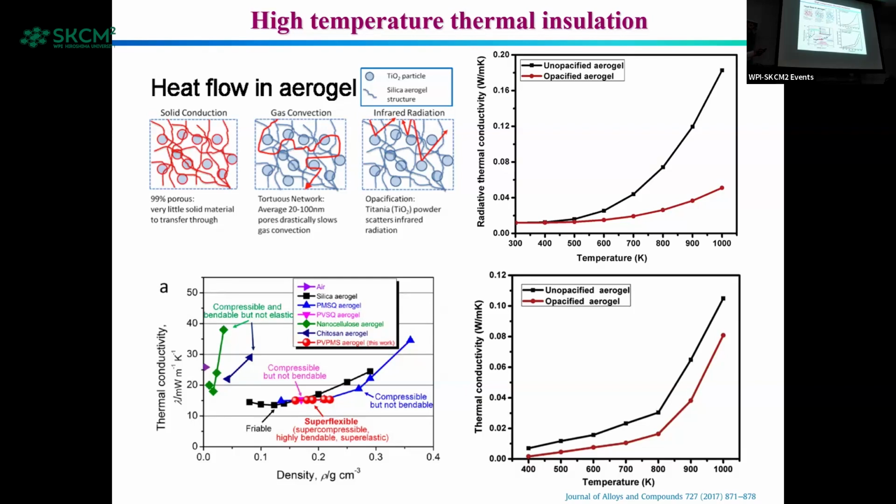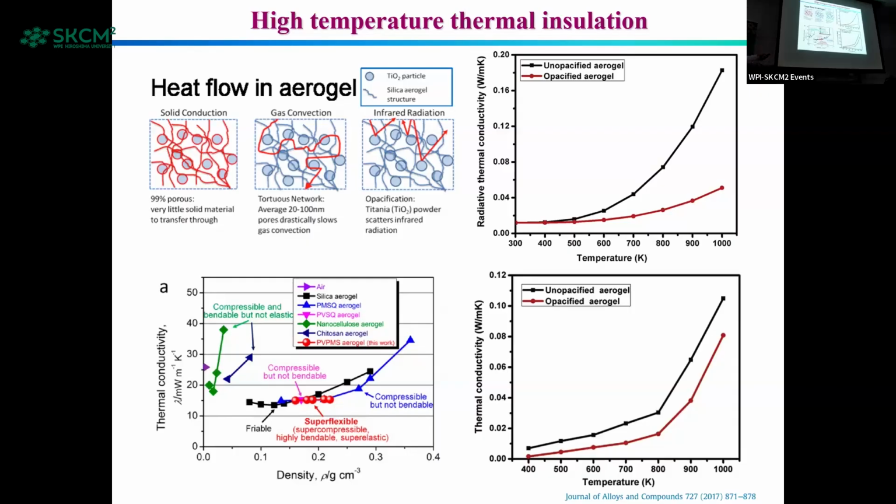And the last part, which must be considered at high temperature, is infrared radiation. Infrared radiation always increases the thermal conductivity of aerogel at higher temperature. That radiative part of the thermal conductivity can be reduced by using opacifiers, which block the infrared radiation and decrease the thermal conductivity of aerogel at high temperature. We did some work in 2017, where we theoretically calculated the radiative part of the thermal conductivity in silica aerogel.